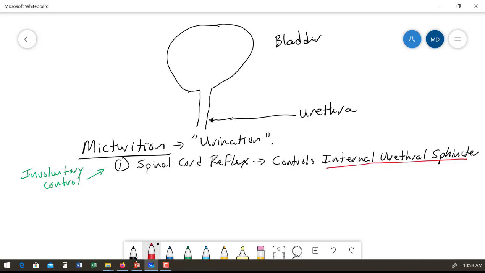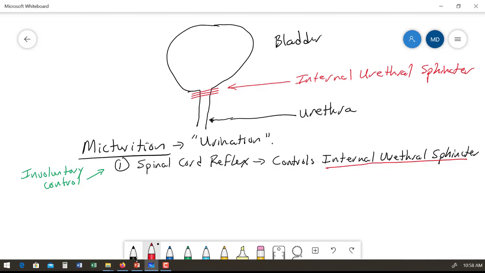There are actually two muscles that control the release of urine. The internal urethral sphincter sits about here. These red lines represent the internal urethral sphincter.